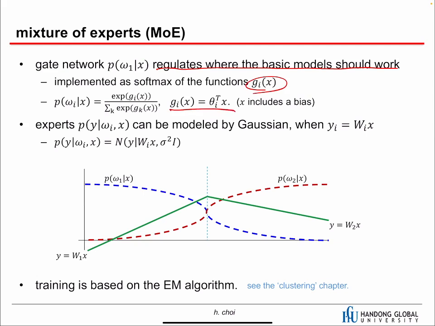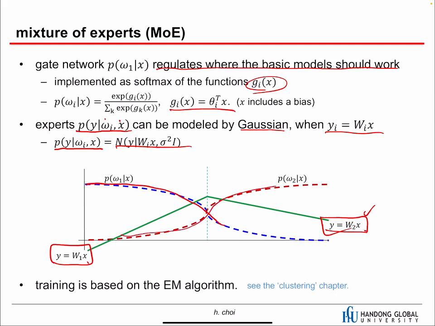The expert P can be modeled by Gaussian when y is a linear model of x, so that P of y is a Gaussian distribution. So we have two models: y is w sub 1 times x and w sub 2 times x. These are the experts. And then we have a gate for the first model and the second model.